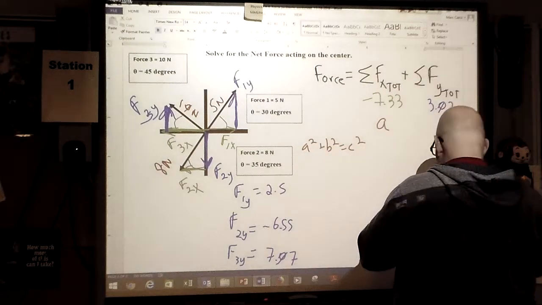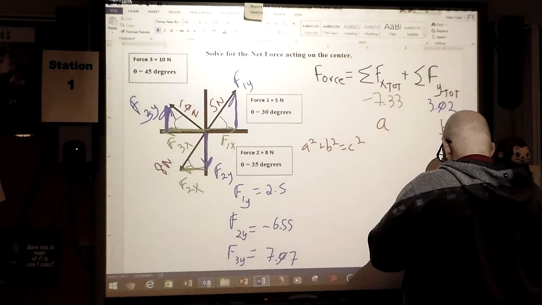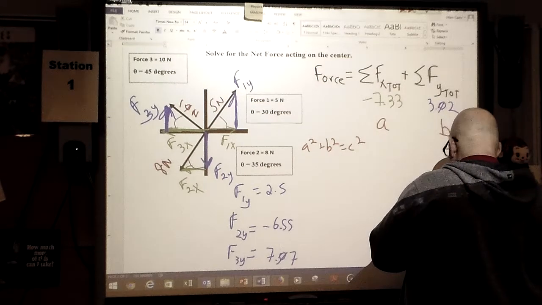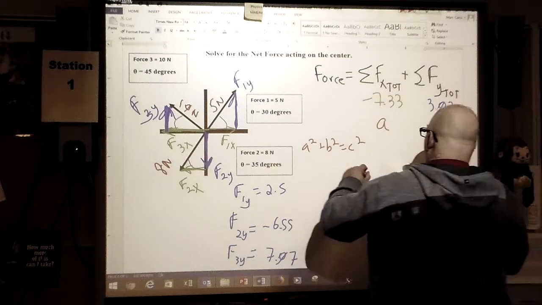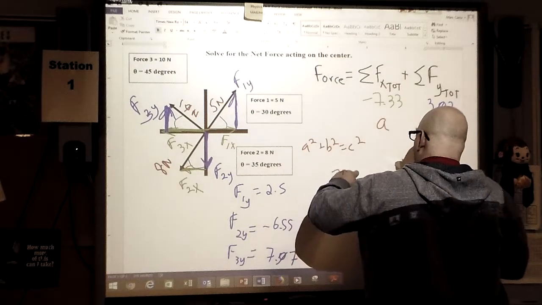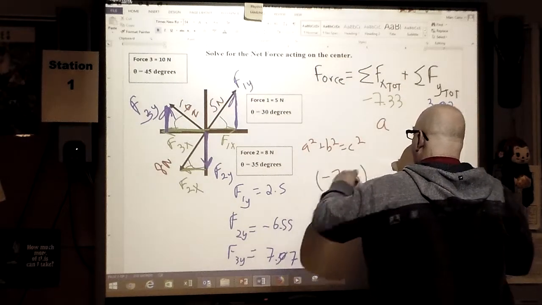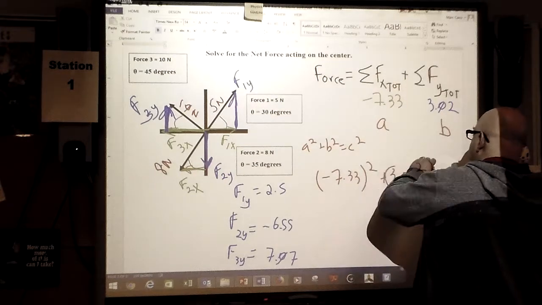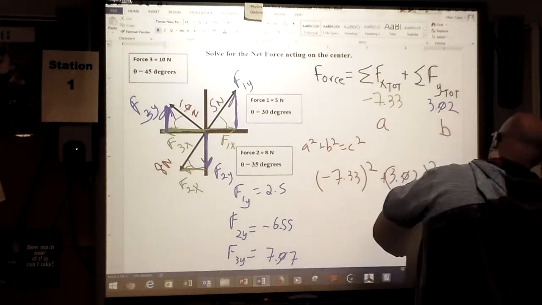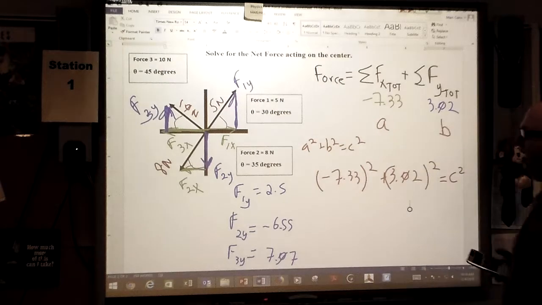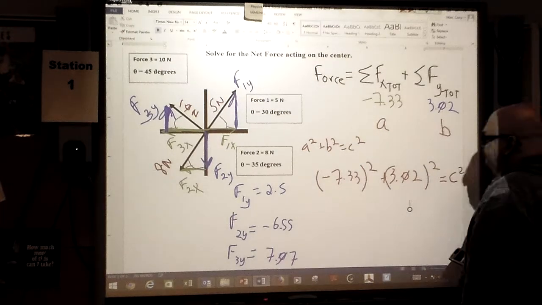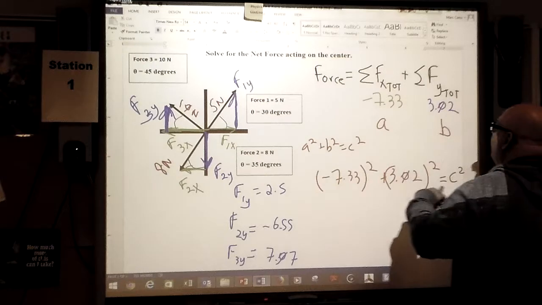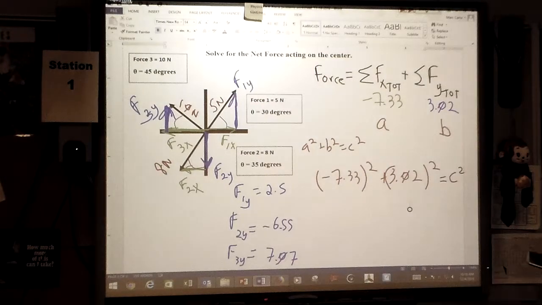Okay? So 3.02 squared equals. With that, we got 7.33. That's a negative. We're going to square it, plus 3.02. We're going to square it. And that's going to equal C squared for us. Okay? So we're using the Pythagorean theorem again on this.